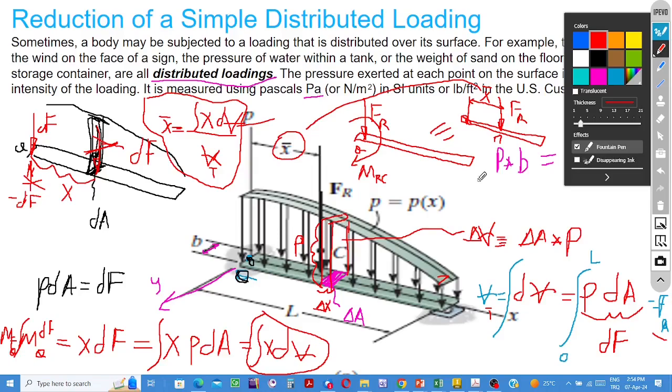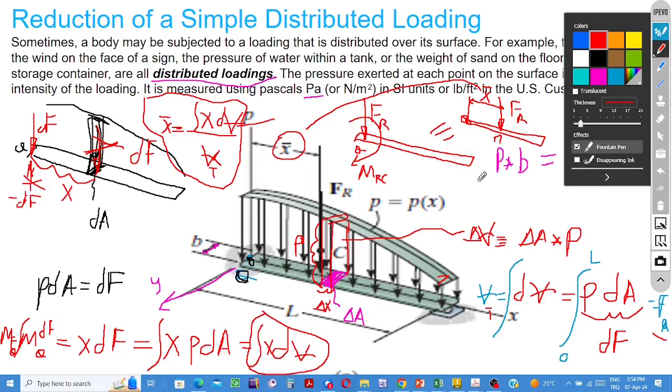So, in practice, in finding the resultant of a distributed load, the thing to do is to find the volume under the load curve, and the result is the magnitude of the resultant force.